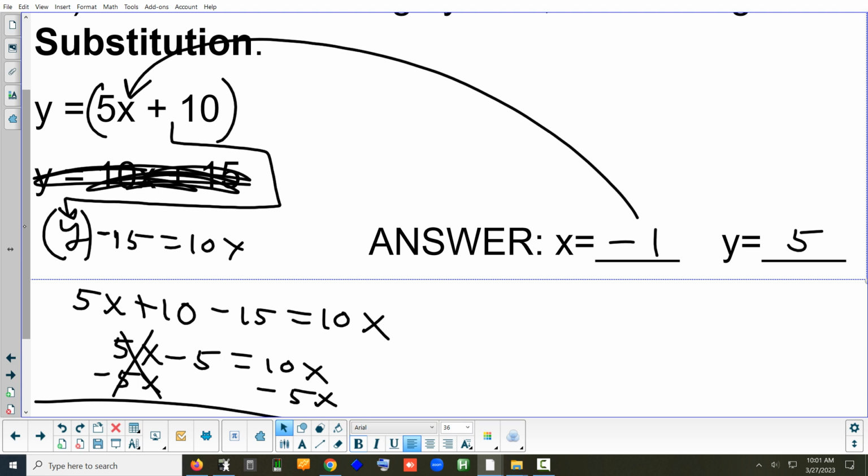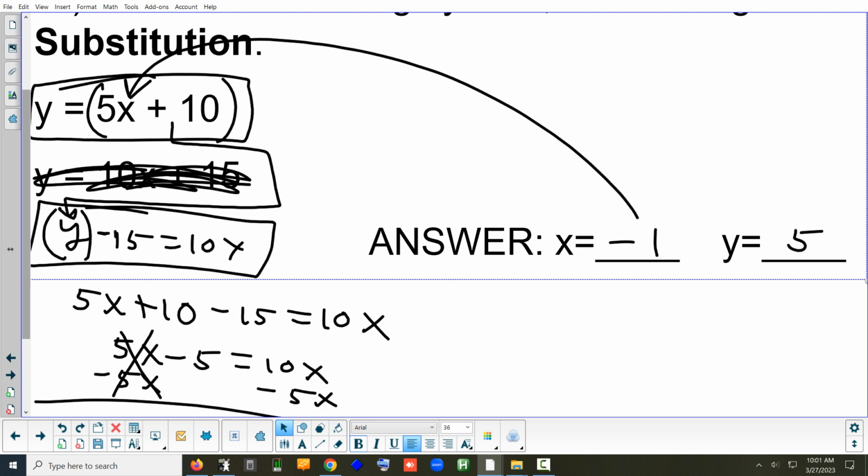For each one of them, we got how many answers? Yeah, just one. If we were to draw these on a calculator, or by hand, but a calculator would be faster, what would happen at the point -1, 5?